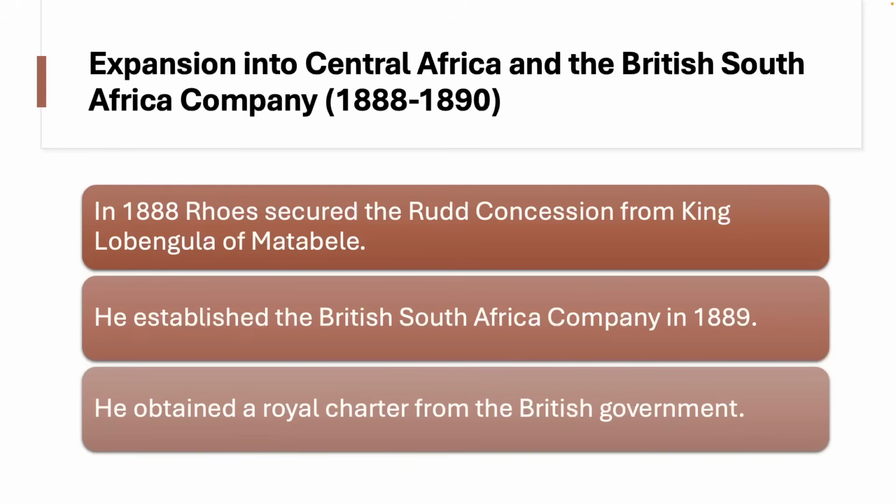But it's very, very important that this early work that he does, even though Cecil Rhodes will come back into the fold later on in our studies, because we're going to be spending more time talking about him during later periods of colonial enterprise.